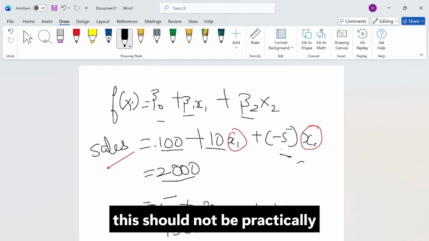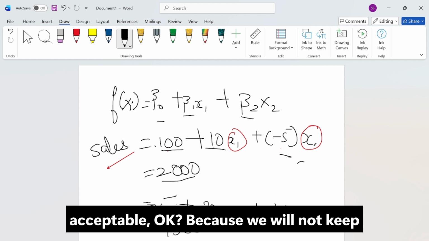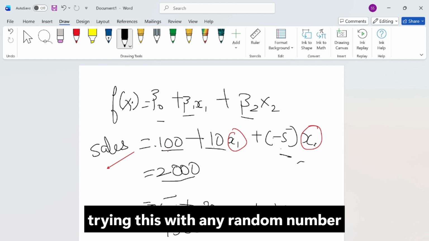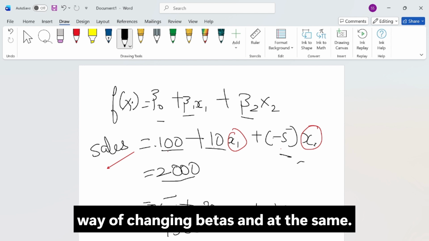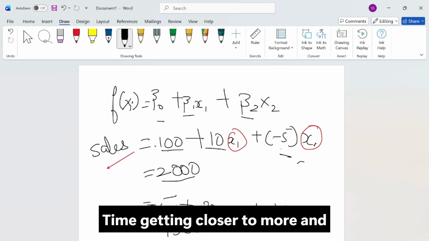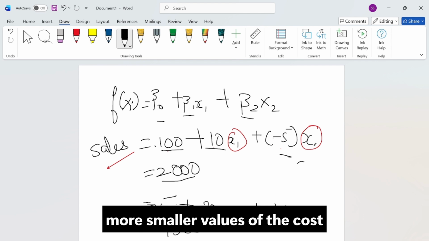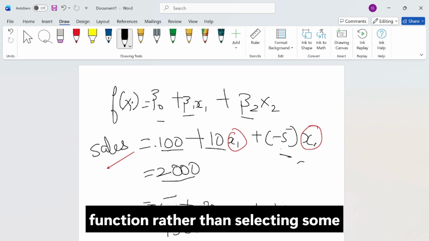Now, this should not be practically acceptable, okay, because we will not keep trying this with any random number, meaning we need a more strategic way of changing betas and at the same time getting closer to smaller and smaller values of the cost function rather than selecting some random values.